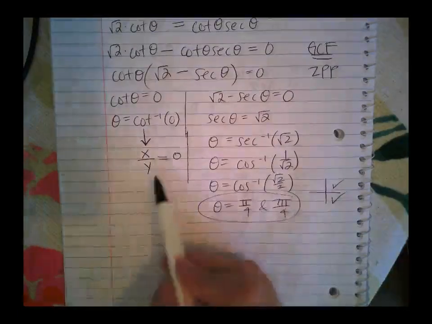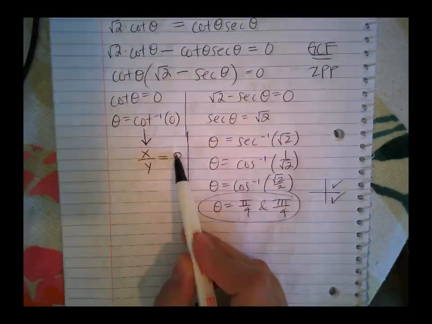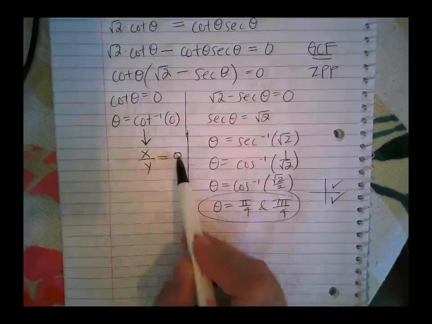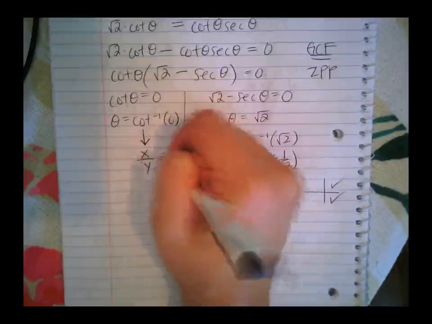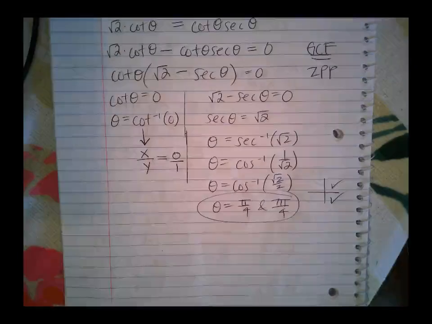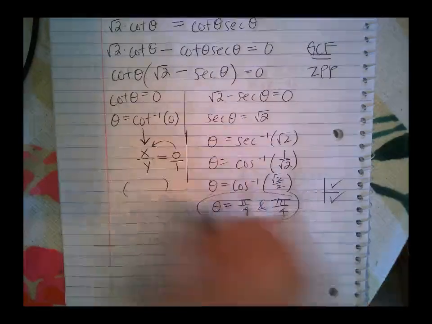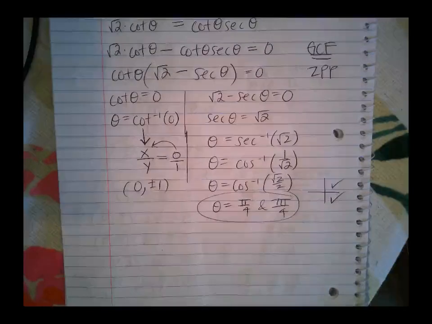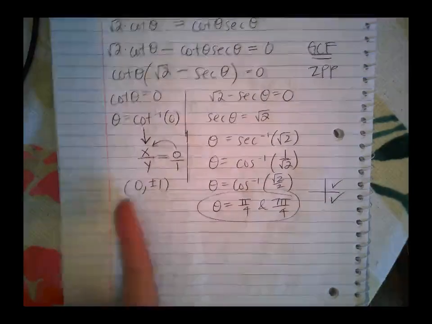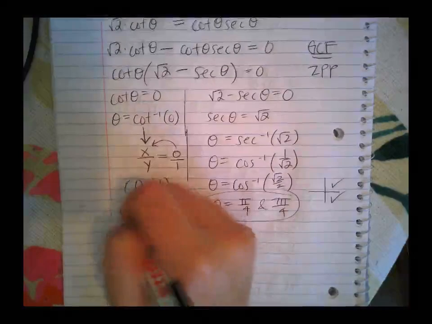We talked about if the quotient is 0, 0 must be in the numerator, not in the denominator. So we know that 1 should be in the denominator, or negative 1, because those are the coordinates. If we know there's a 0 in our coordinate, then we know it's either positive or negative 1 for the y value. So now we just need to know what angles fit this pattern.